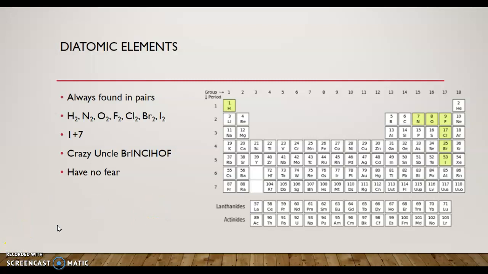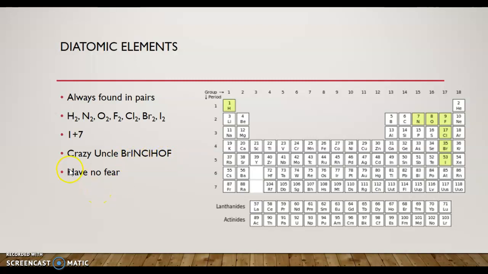There are a couple ways to remember this. You could just memorize this. You can do the 1 plus 7. So here's my 1, and then this makes the shape of a 7. You can use Crazy Uncle Brinklehoff, which is what I usually refer to it as. So bromine, iodine, nitrogen, chlorine, hydrogen, oxygen, and fluorine.